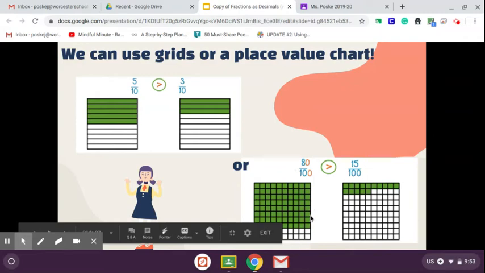If you have a hundreds chart and you color in 80, it's the same thing. Over here, the hundredths chart, but this one is only 15 hundredths. So obviously there is more here than there is here. So 81 hundredths is greater than 15 hundredths.